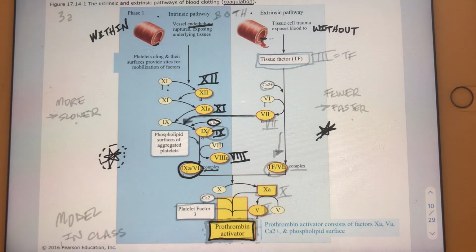They form a complex. And this complex of activated 9 and activated 8 are in turn going to activate clotting factor 10. And recall that clotting factor 10 plus calcium plus platelet factor 3 plus activated clotting factor 5 yield prothrombin activator.